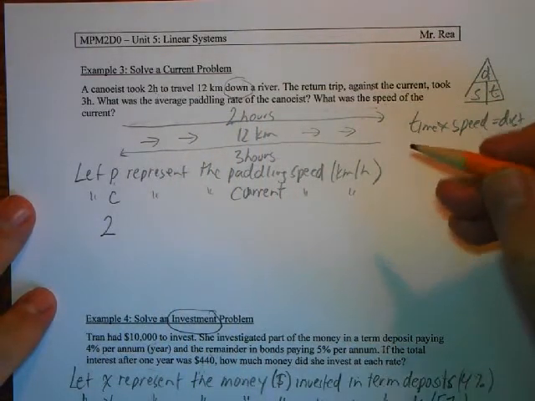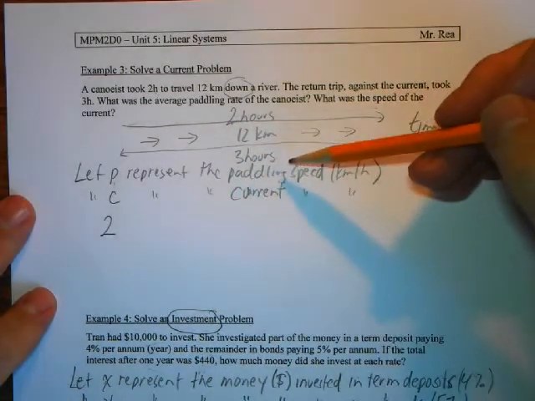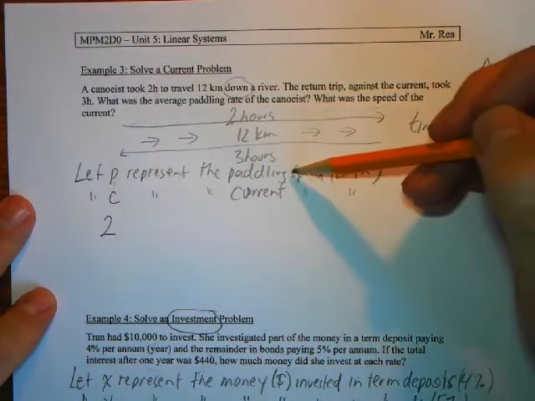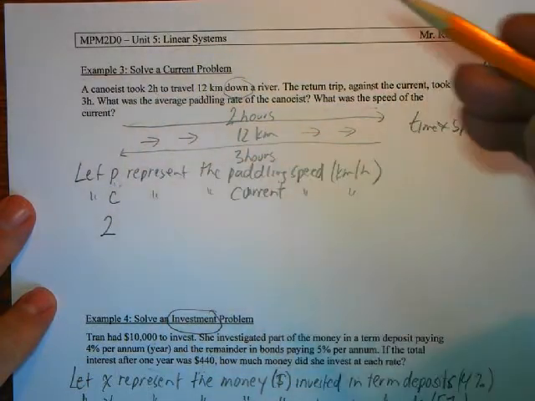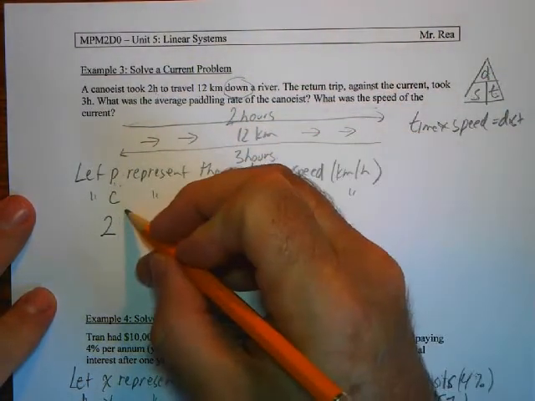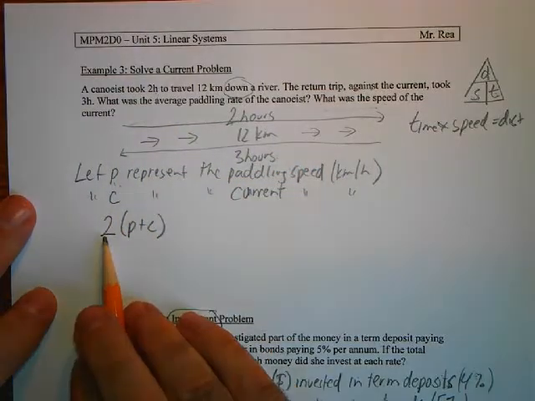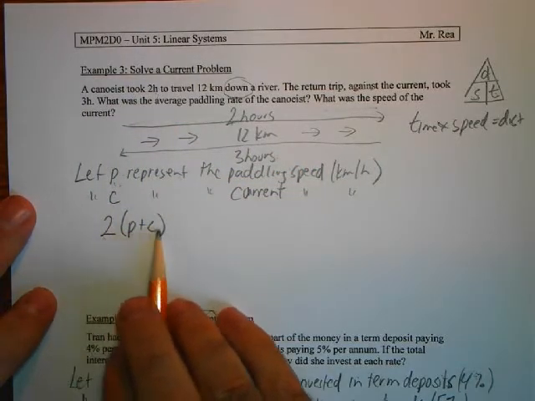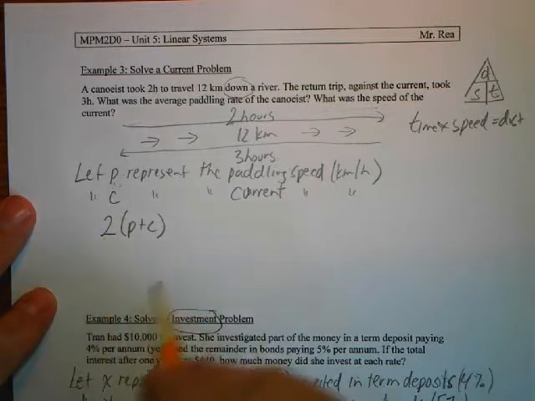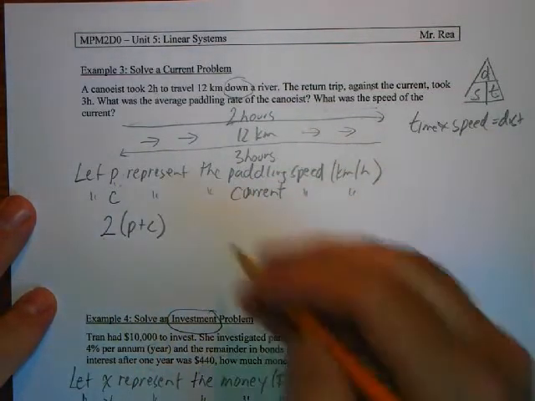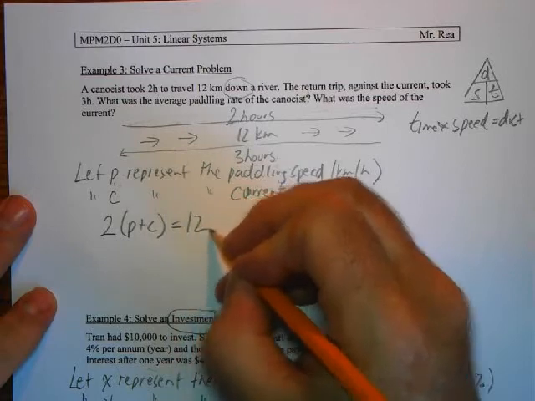We need to add the 2 speeds together when going downstream, so the speed will be P plus C. I have to put that in brackets because both combined have to be multiplied by 2. The last part is equal to the distance, which is 12 kilometers.